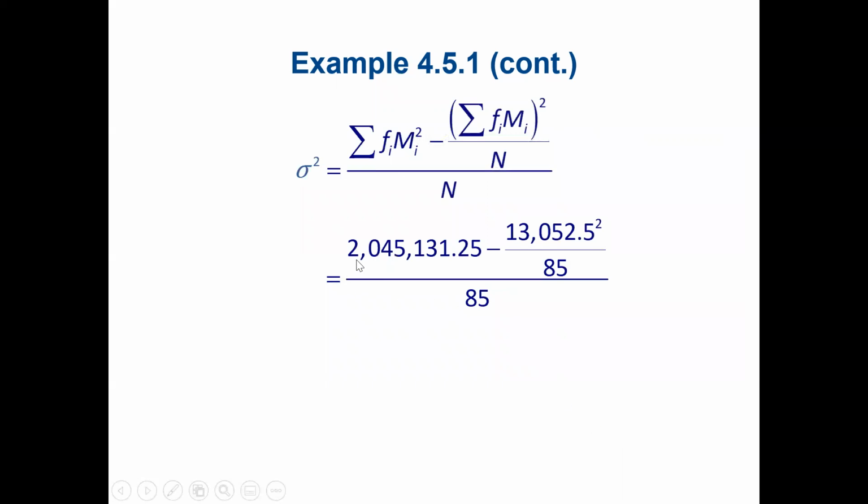That will give us 2,045,135.25 minus the sum of Fi Mi all square. From the table, it was 13,052.5 all square divided by n. Again, n is 85. So when we do this arithmetic operation, we get 480.